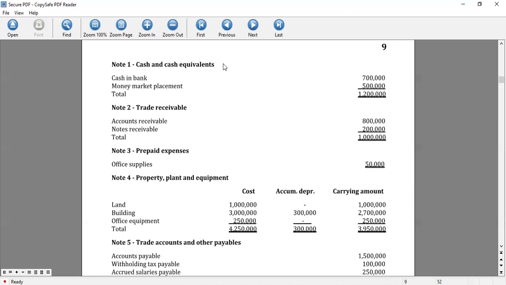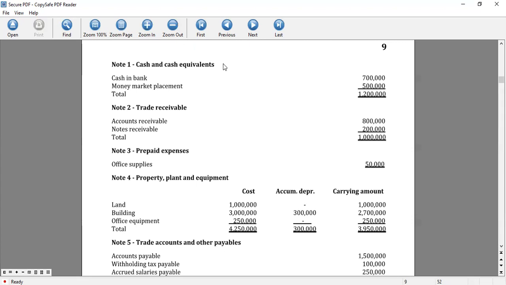Then the office equipment, the amount of the office equipment is 250,000. Okay? The office equipment of 250,000, there is no depreciation as of the moment.